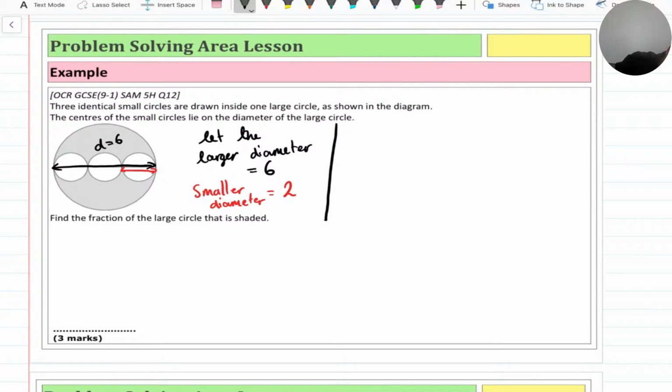So the area of the larger circle: if my larger diameter is equal to 6, that means that my radius is equal to 3. And if my small diameter is 2, that means that my radius is equal to 1. Just be careful with that.